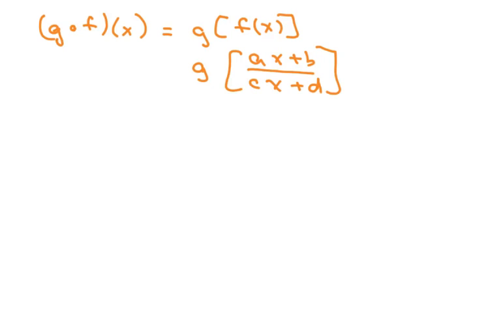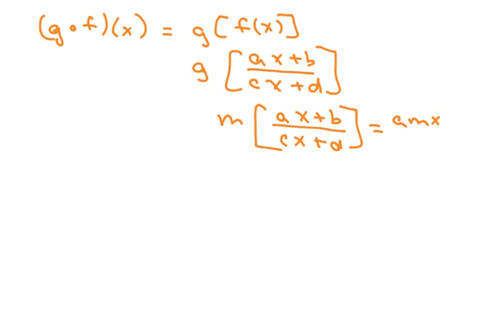Therefore, this is just going to be m times ax plus b over cx plus d. You're just going to multiply through the m in the numerator, which is going to be amx plus bm over cx plus d.